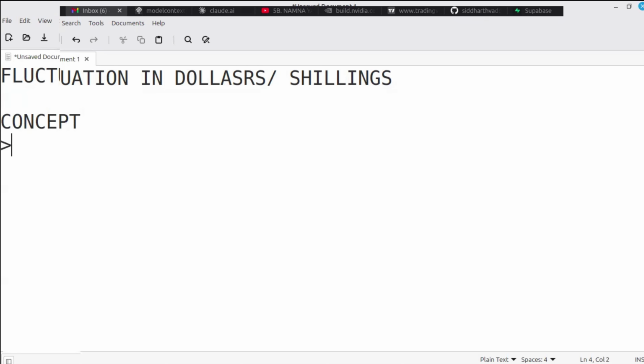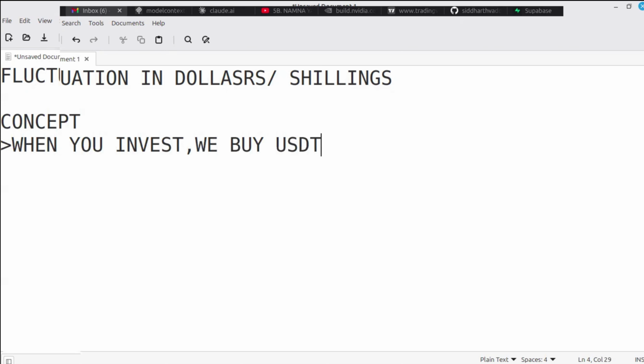when you bring money, when you start investing, here usually we invest in our currencies. We usually buy USDT. When we invest, we buy USDT using our local currency.